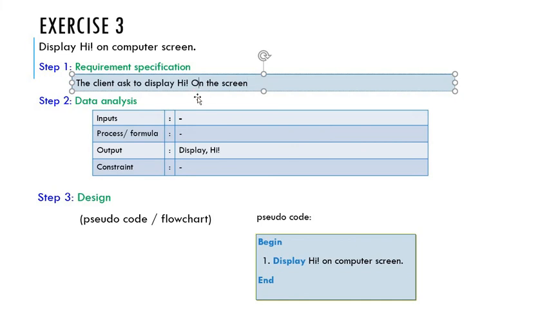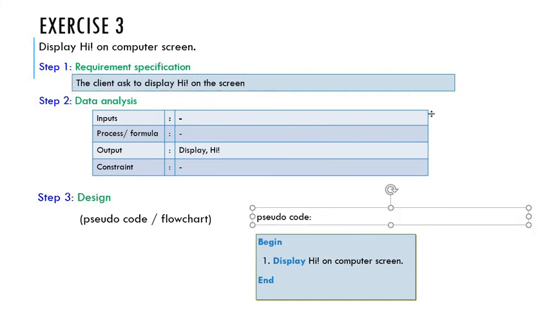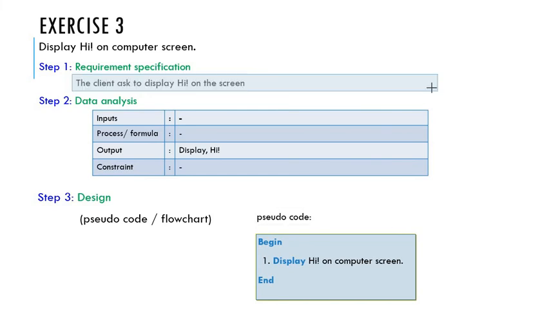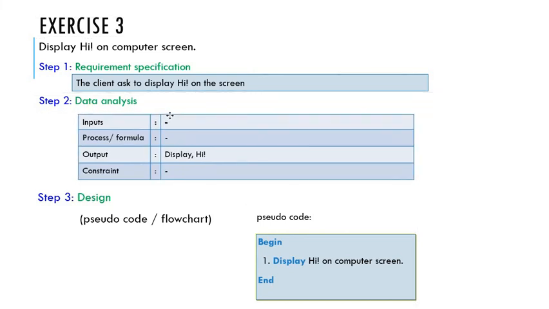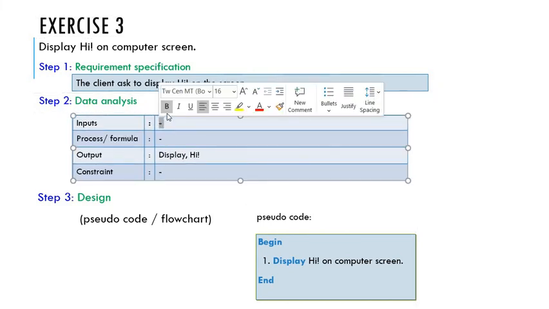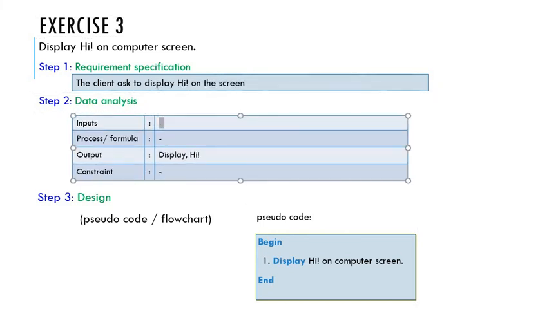The second step is, since the user only asks you to display the word high on the screen, there is no input actually, it's only a display. So no inputs, no formula involved, but the output, yes, of course we have the output whereby we need to display a high, and no constraint.